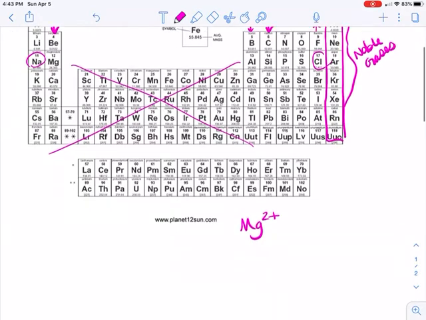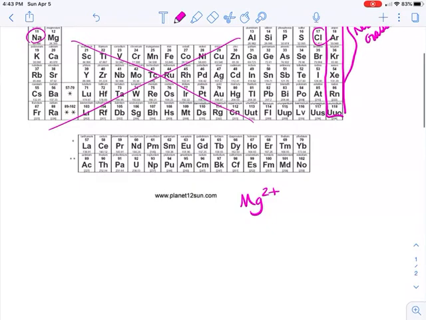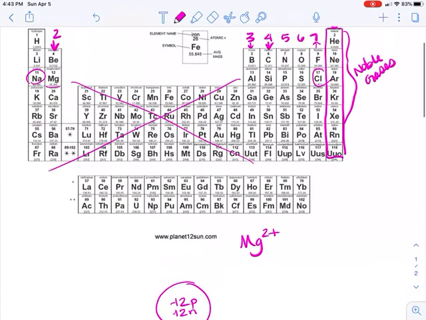Let me scroll down here for a second. If you draw a Bohr model of it, magnesium is number 12, and its mass number is 24. So that means it has 12 protons and 12 neutrons in the nucleus. Remember, these add up to that mass number, that bottom number.